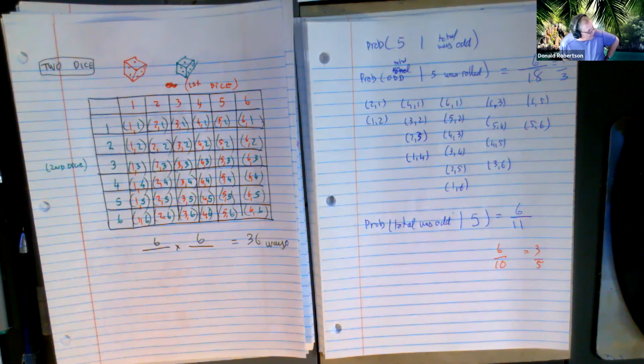And the answer is 1. Oh. I think that when they say given a 7 was rolled, they must mean given that the sum was 7, not the number 7.